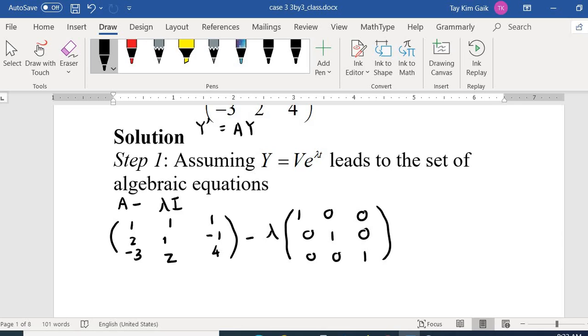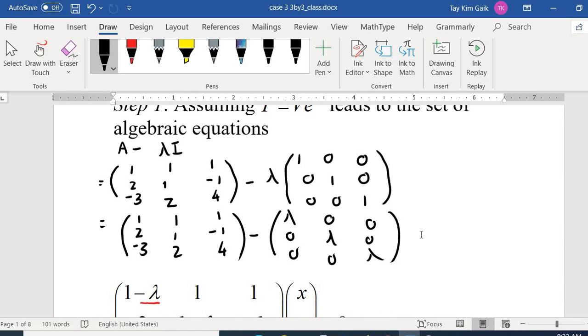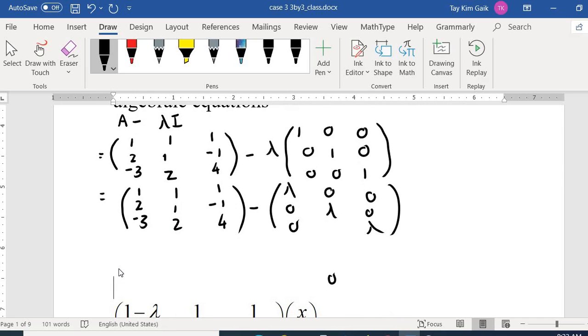This is A minus lambda I. Now this is A, and this is lambda multiplied by I, so it changes on the main diagonal only.